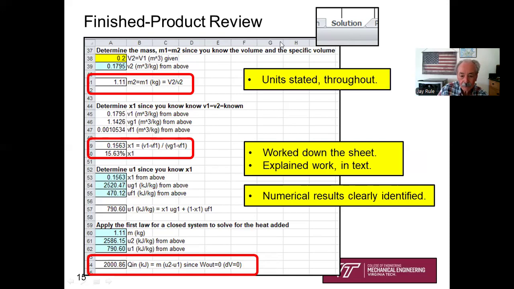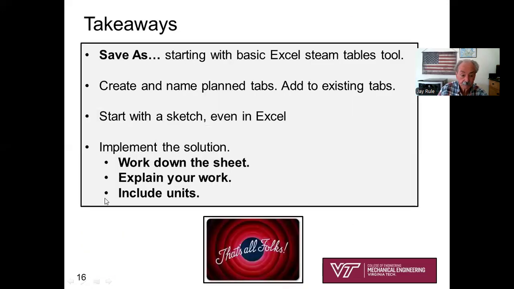Okay. So this is important to recognize in any engineering problem solving. Units are stated throughout, work down the page. That maximizes partial credit if you get off track. You explain your work in text, okay, and numerical results clearly identified.